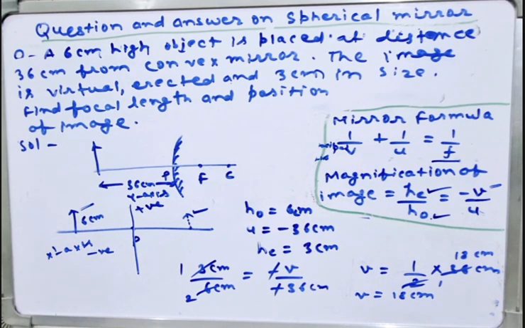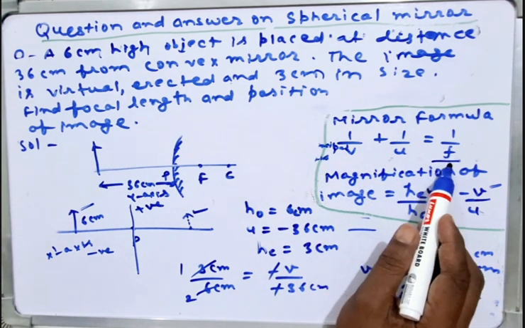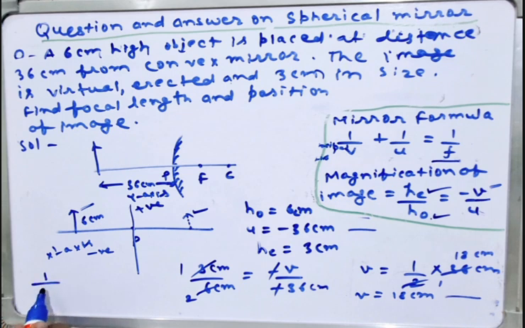What will be the focal length? We put the values of v and u in the mirror equation to get f. So 1 by v is 1 by 18, and 1 by u is 1 by minus 36, which equals 1 by f. When you solve, 36 is the LCM, so it is 1 into 2 and minus 1 into 1, giving 1 by f.